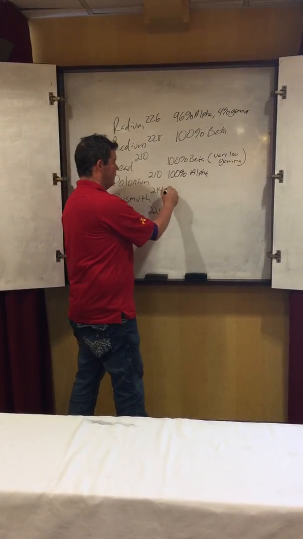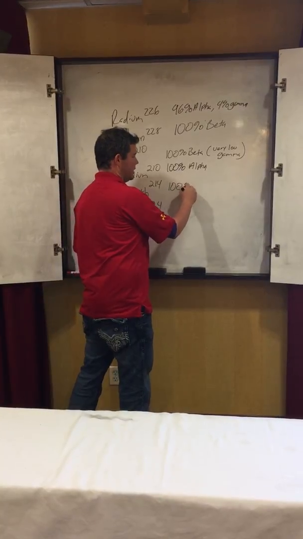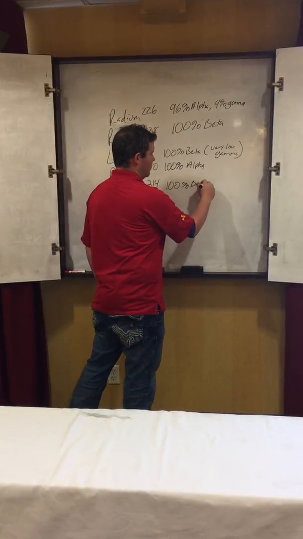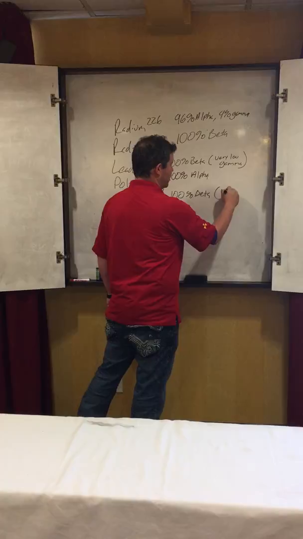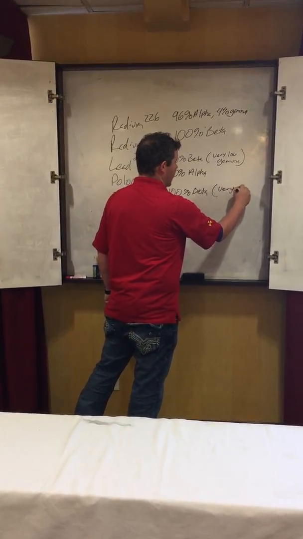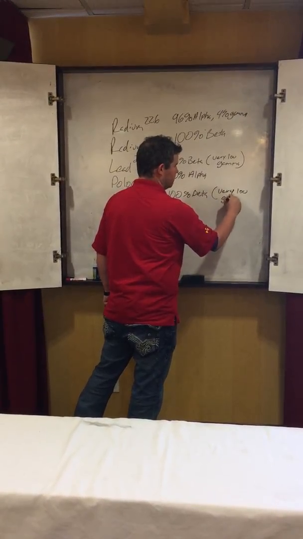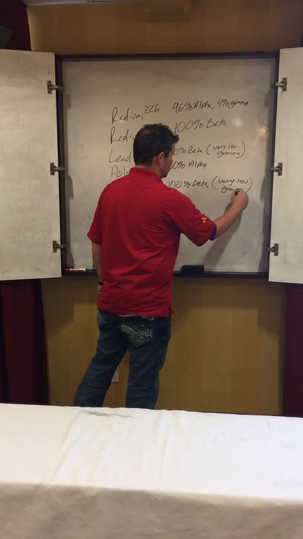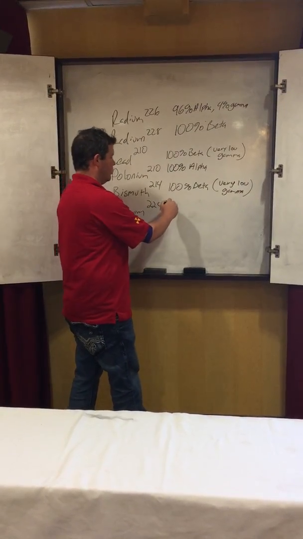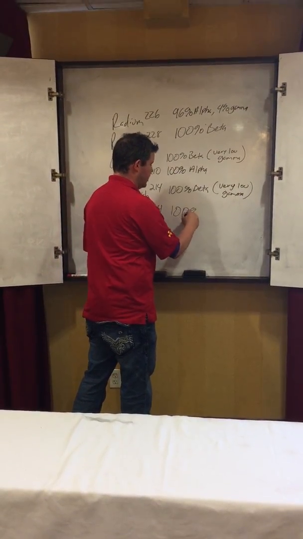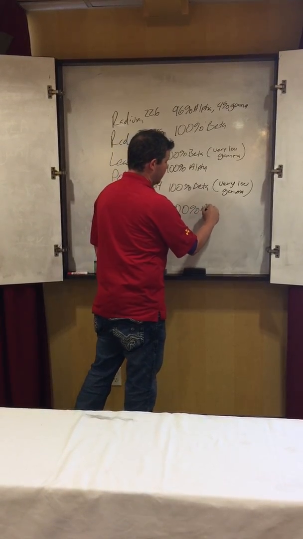We've got bismuth-214, which is 100% beta, but it also contains a very low gamma. And lastly, thorium-224 is a 100% alpha emitter.